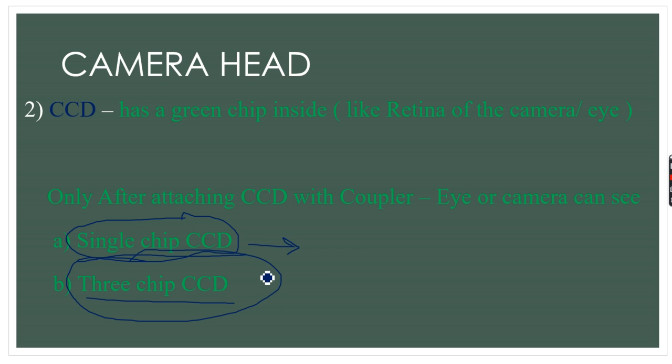If we have the 3-chip camera, it can be used anywhere in advanced laparoscopy as well as in simple procedures like diagnostic laparoscopy. So in any manner, the 3-chip is better. If you are planning to buy any imaging system for minimal access surgery, always go for the 3-chip CCD or 3-chip camera.